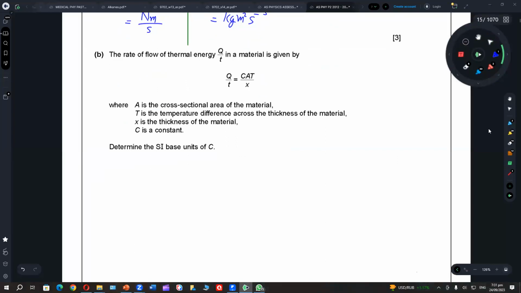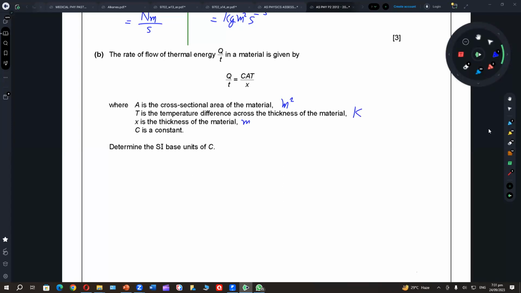The rate of flow of thermal energy in a material is given by this. A is the cross-sectional area, which is meter square. T is the temperature difference, which should be in Kelvin. X is the thickness, which is in meter.